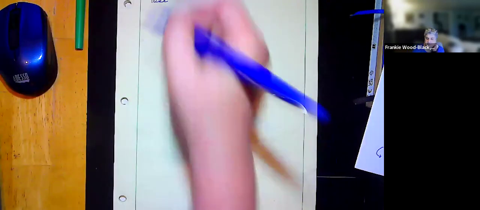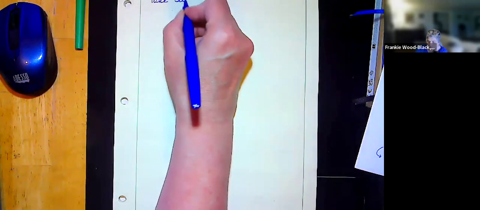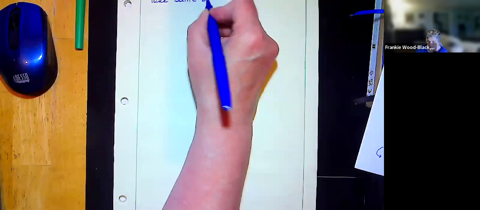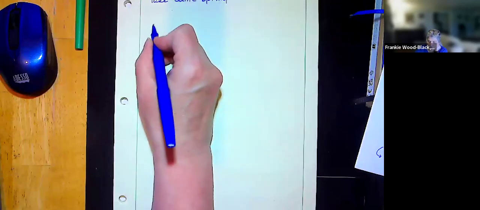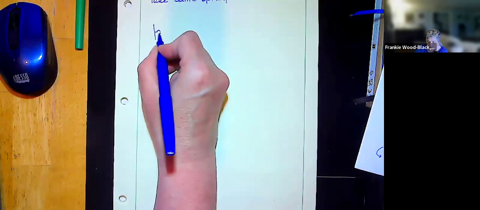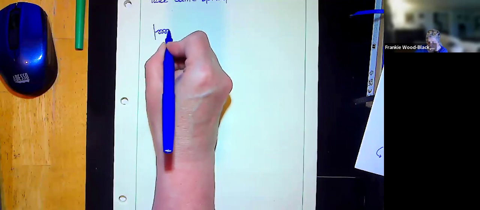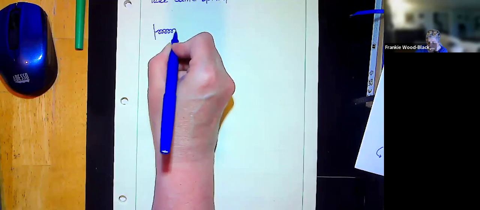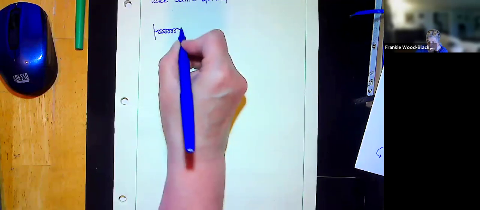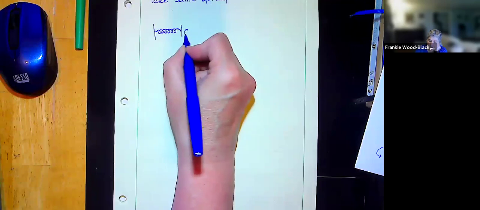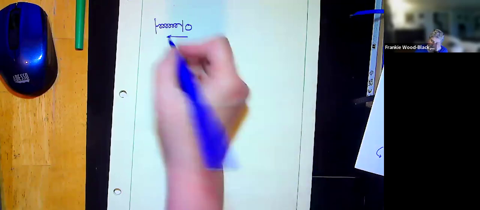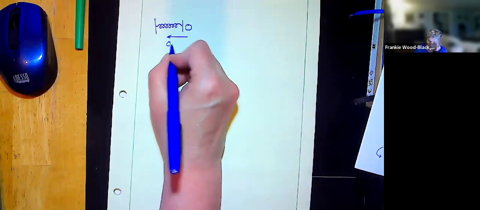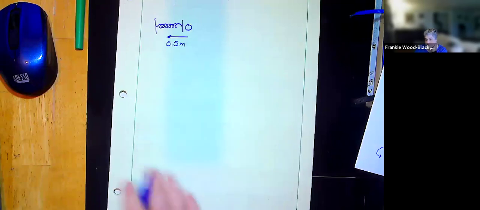So we're going to take the same spring, and we're going to change it up this way. All right, and we're going to put a ball in front of it. We're going to compress our spring 0.5 meters.